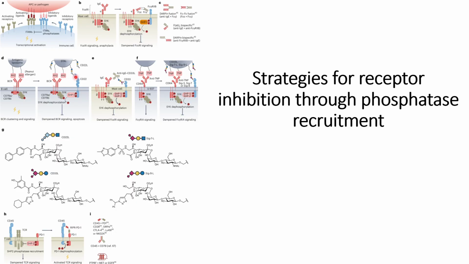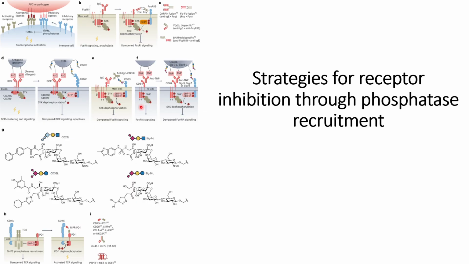This CD22 ligand is glycans on this scaffold, artificially introduced, and it can interact with the CD22 receptors. It will cause phosphorylation of SHP1, dampen this B cell signaling, and simultaneously trigger apoptosis of these cells. Instead of SHP1, SHP2 can also play the same role.